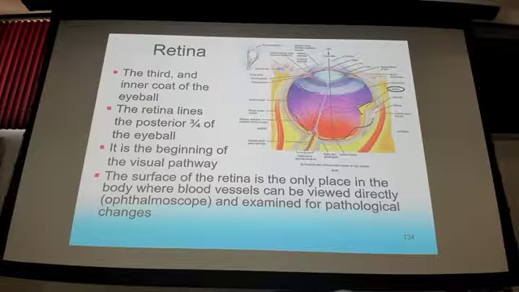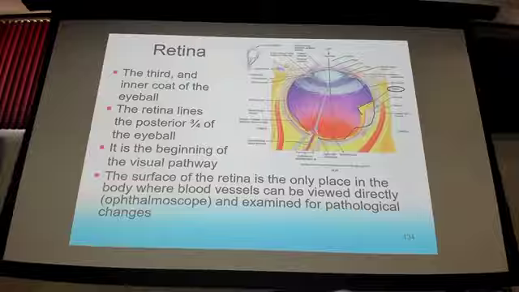So it's covering the back three-quarters of the eyeball. It's the beginning of the visual pathway. Another way to say that is it's the first spot where photons of light are going to hit. We'll talk tomorrow about what that means.